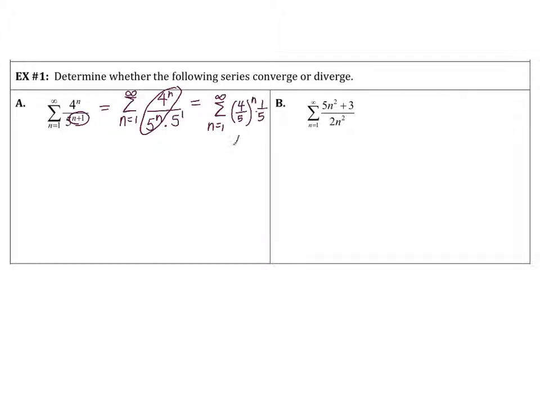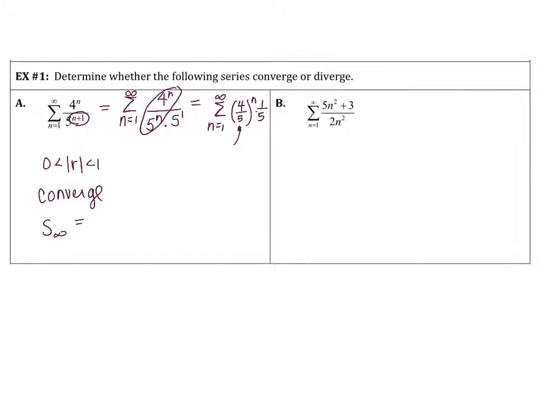And so we see that our ratio is sitting inside there. And we also see that the absolute value of our ratio is between 0 and 1. So we can say that this converges, and we can also find out what it converges to. So we can find that sum, and it's going to be our first term.